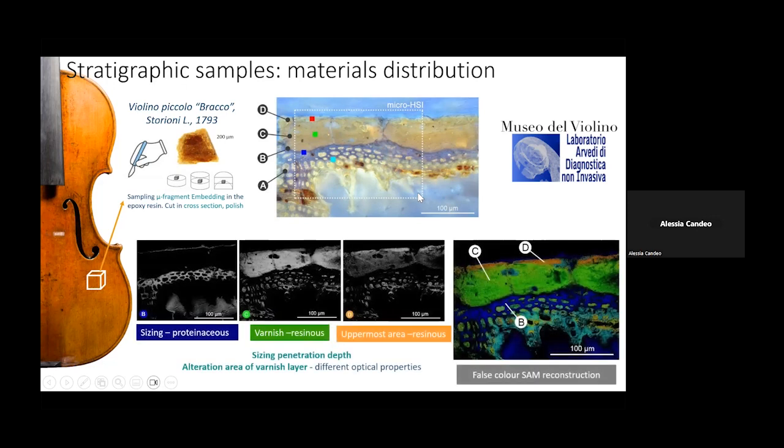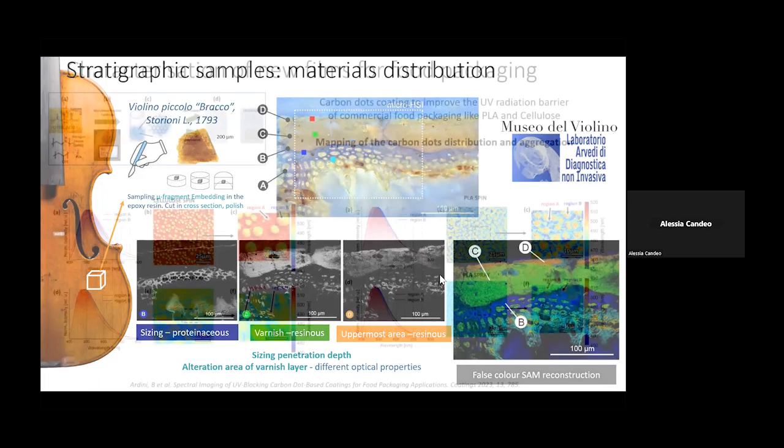But with our camera, it was possible to cluster the different types of materials based on their proteinaceous emissions or resinous emission. And it was also possible in orange to map alterations of the varnish that was used for the top layer of the violin.